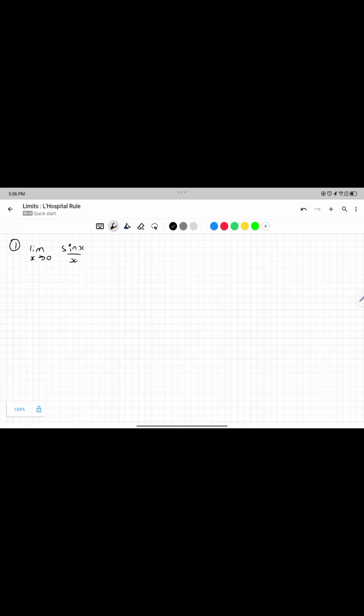We just draw a unit circle, draw triangles, and start proving. So something like this, one triangle, the other triangle. You're gonna start proving this. That's one way to do it.